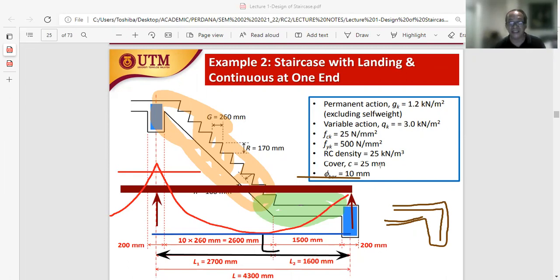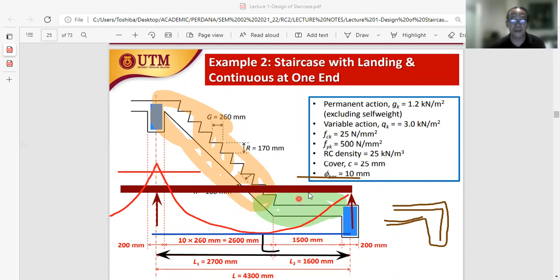So with a similar consideration, we still need to provide some top reinforcement here. But remember, this top reinforcement is not due to this negative bending moment. It is more a good practice to prevent cracking because of the continuity between the slab and the beam at the end of the connection, at the end of the landing.